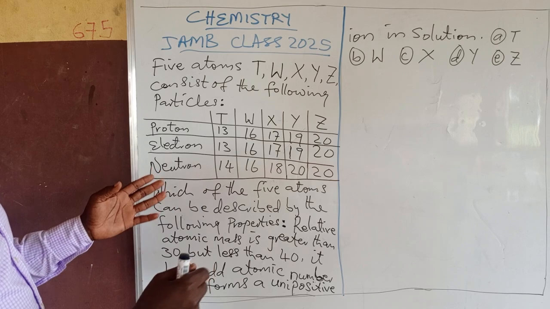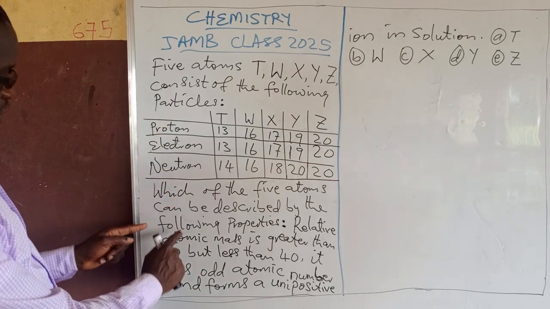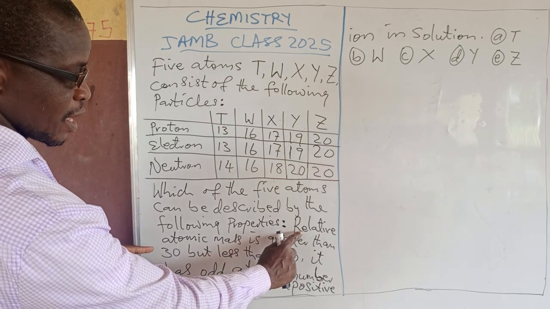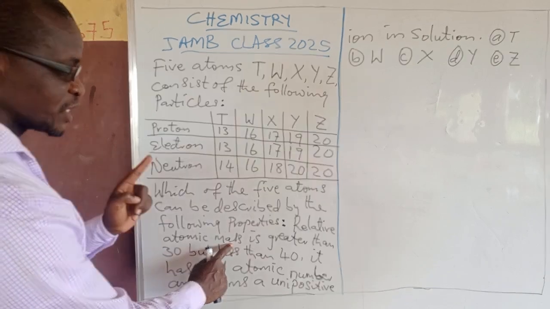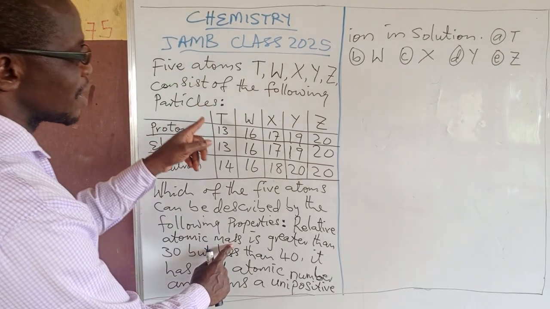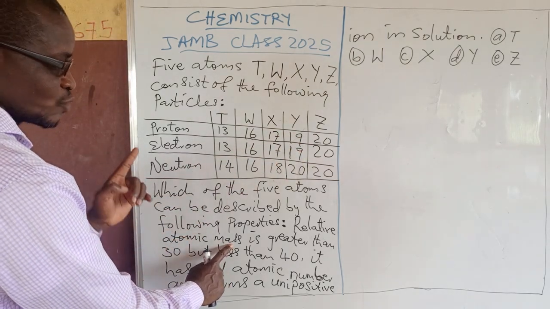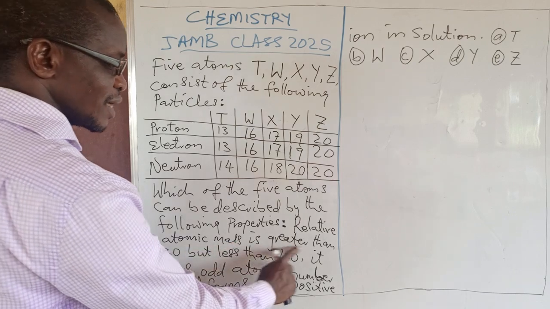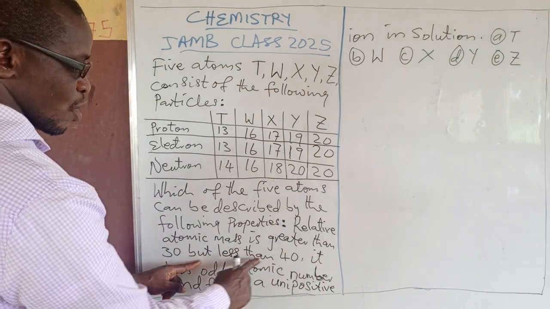Now the solution to this problem goes this way. The first thing they mentioned here is relative atomic mass. Very important. You have to note the relative atomic masses of all these elements for you to be able to answer it. That's one. And that relative atomic mass must be greater than 30, but less than 40.